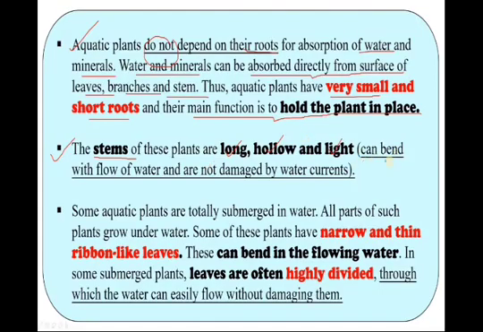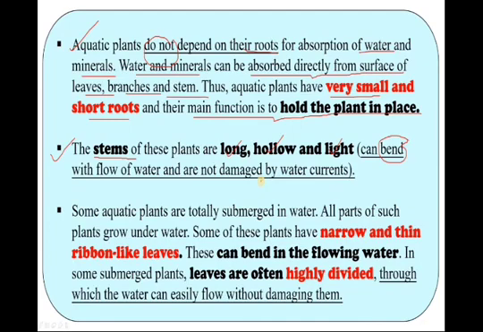And some aquatic plants, you can see, can easily bend. Easily bend means it is very thin, very tender, right? It can bend with the flow of water. If water is flowing very roughly it will bend, but it is never damaged by the water flow.